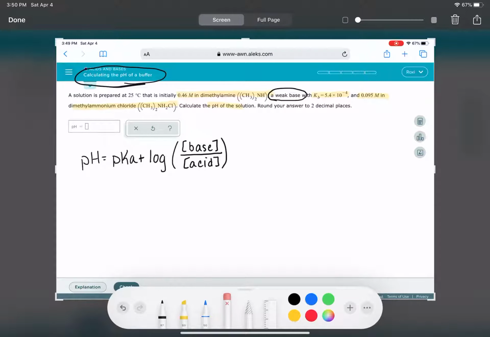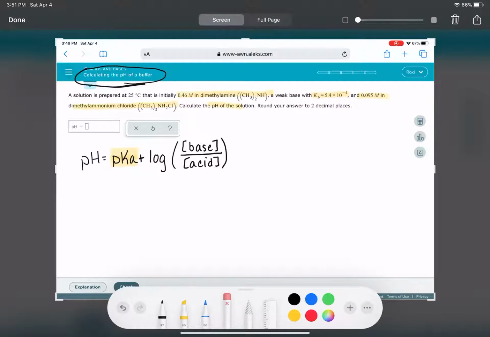And yes, for sure, you definitely are allowed to use the Henderson-Hasselbalch in this form for either an acid or a base. The only thing that you have to keep in mind is that the Henderson-Hasselbalch does require you to use the pKa, whether you're dealing with an acid or a base. So if you're dealing with a base and you're given Kb, that just means you are going to have to convert it to pKa, but you can still use it.